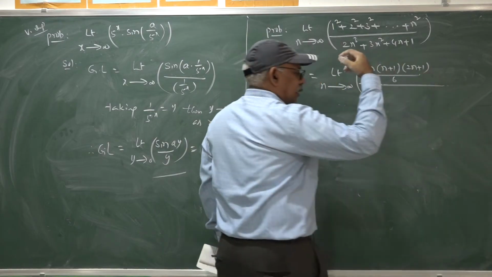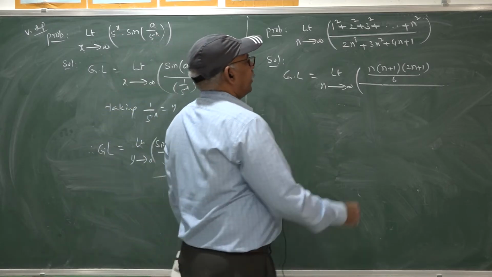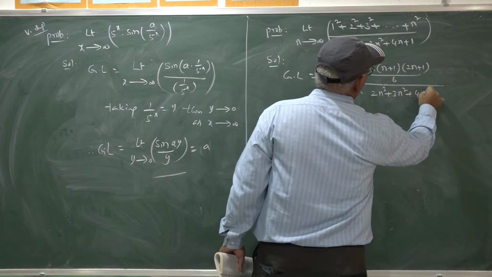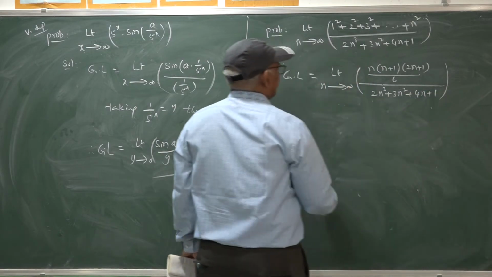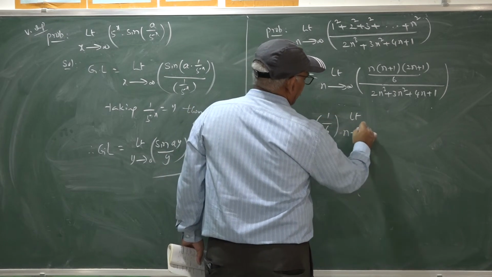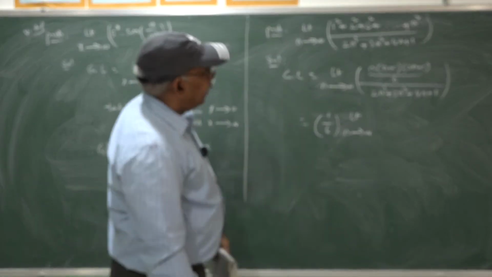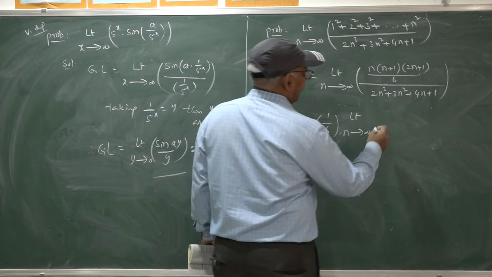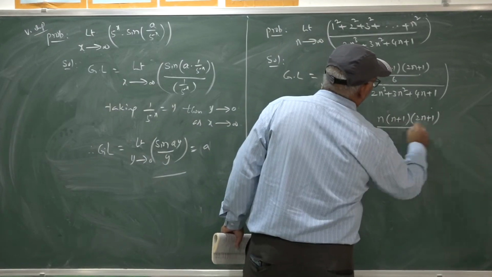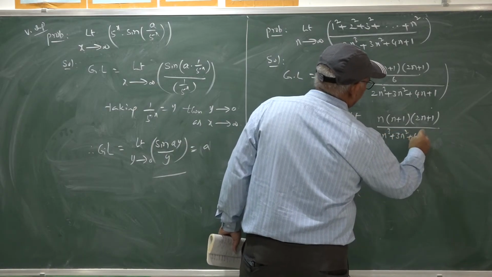So the limit is 1 by 6 times, because 6 comes to the denominator, limit as n goes to infinity of n(n + 1)(2n + 1) by (2n cube plus 3n square plus 4n plus 1).